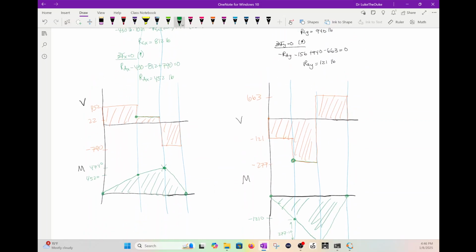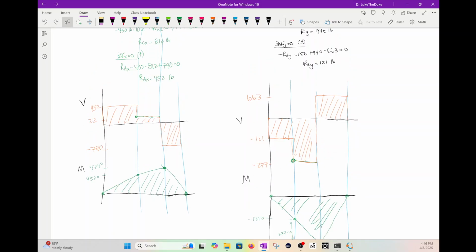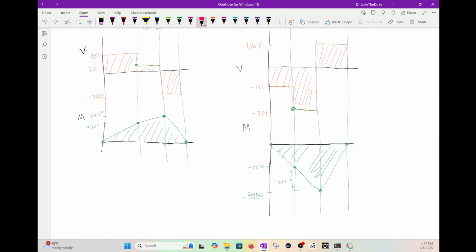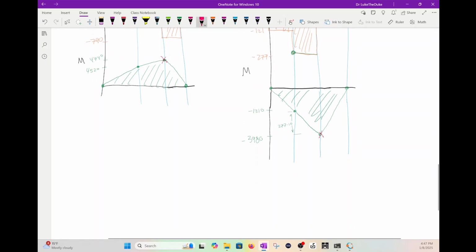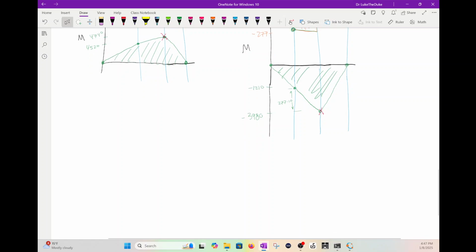This point right here. Let me do that in red. Let me undo. Go back down here. Point C has the highest moment in both cases. Okay? So that is where we're going to find the moment. If you weren't sure, you'd have to calculate the moment at every point.